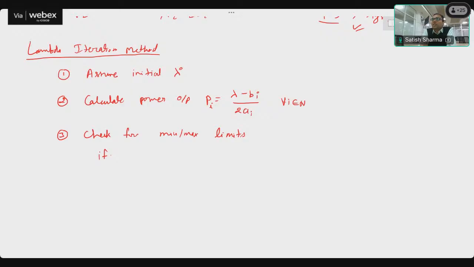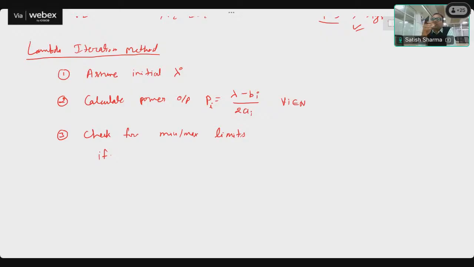Once that generator output becomes constant, we put in the value of that particular generator, our problem is reduced, and then we resolve it and see if some other maximum limits are being enforced or not.